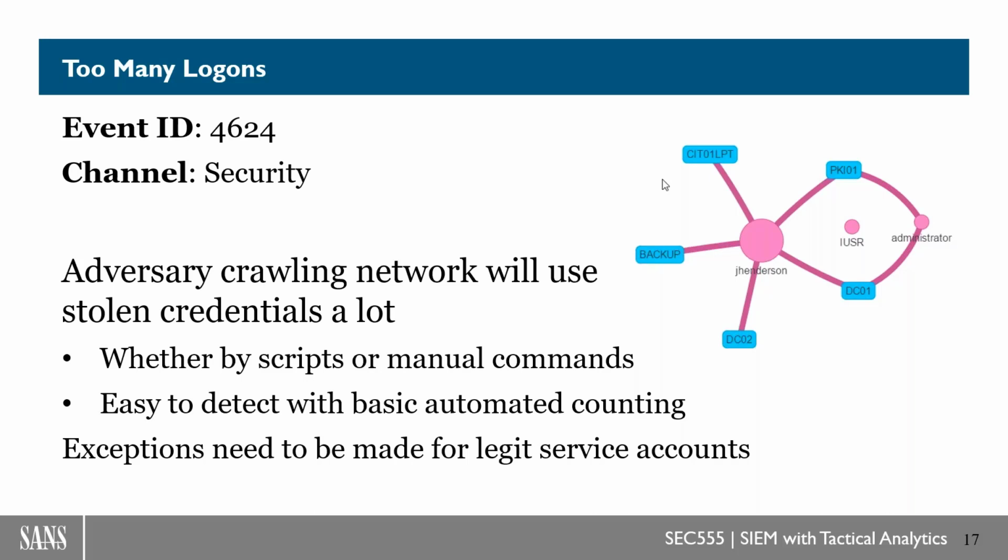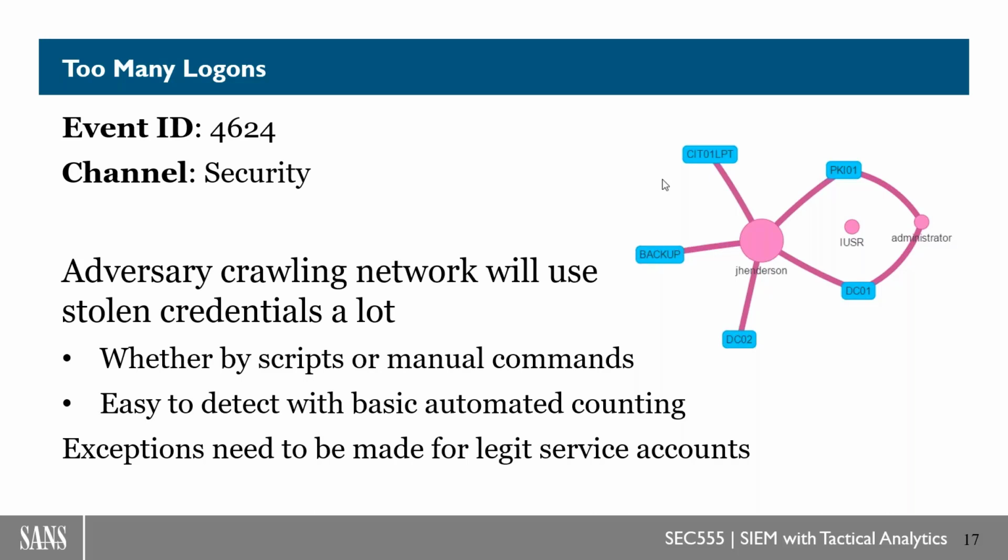On the inside, if I steal credentials, yes, I might get failed logons, but a lot of times they're going to work. Like, if I steal an IT staff's credentials and I turn around and use them, a lot of times they work. However, if I'm crawling the network, like in this scenario, we're looking for credit cards. As the attacker, I'm crawling your network looking for where you're storing credit card files.